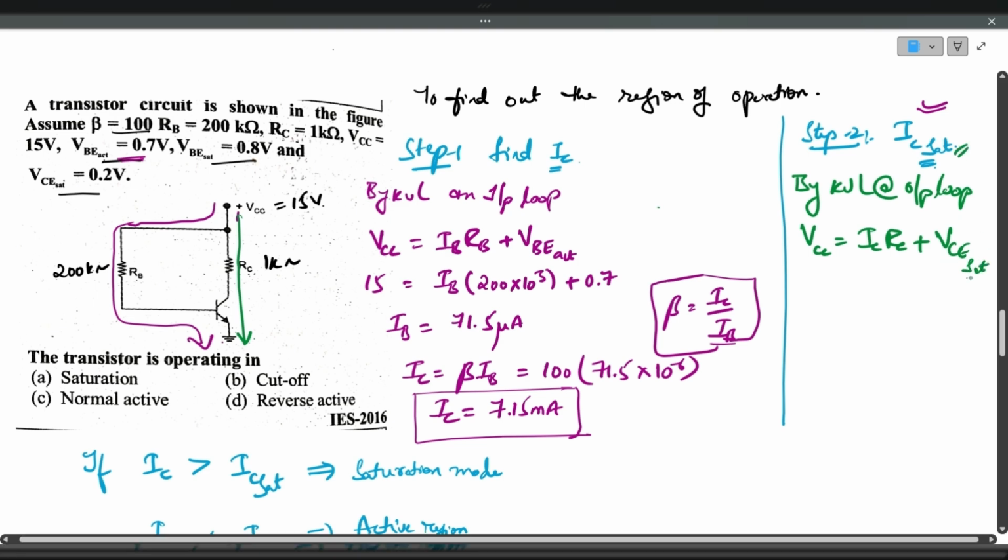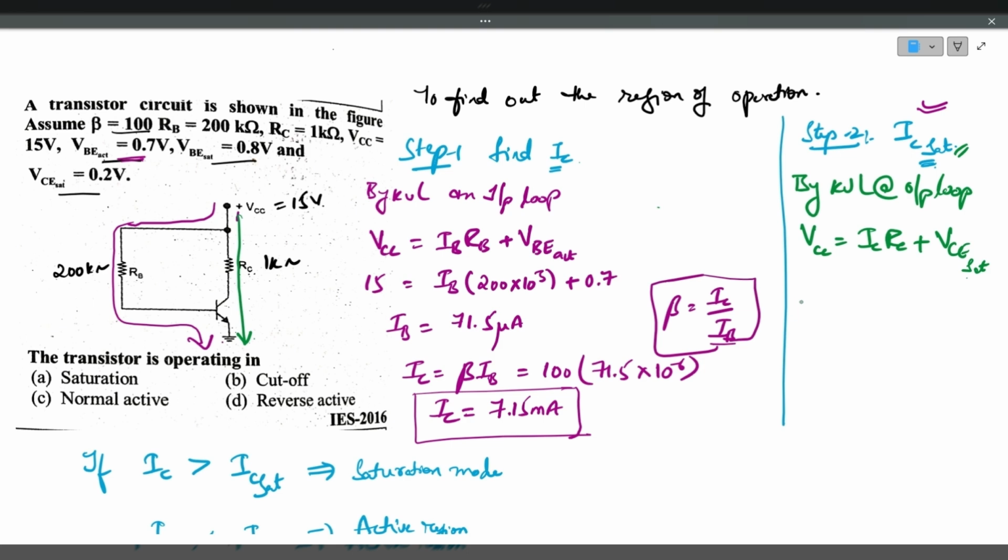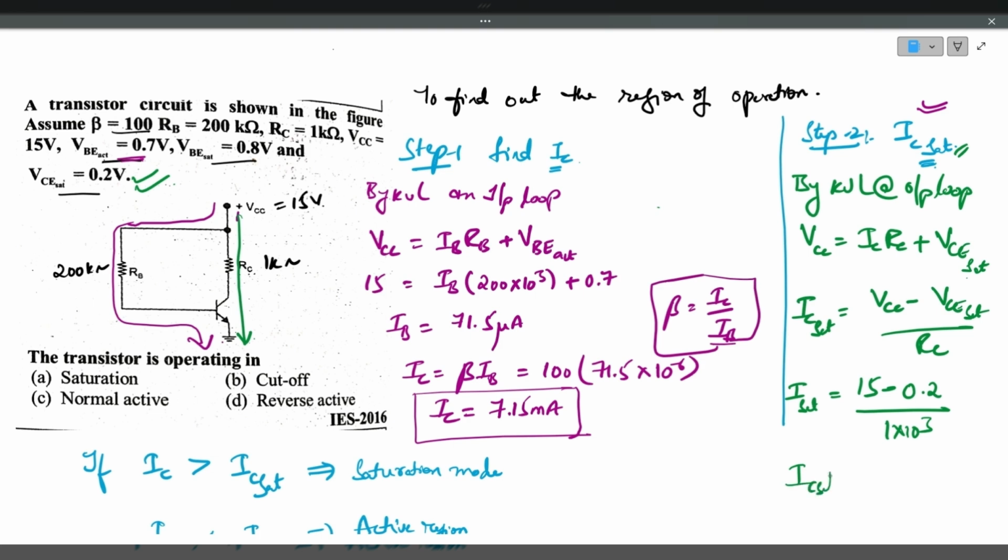So IC saturation is equal to VCC minus VCE saturation divided by RC. VCC is 15 volts, VCE saturation is given as 0.2 volts, divided by RC, which is 1 kilo ohm. Substituting this, I get IC saturation as 14.8 milliamps.